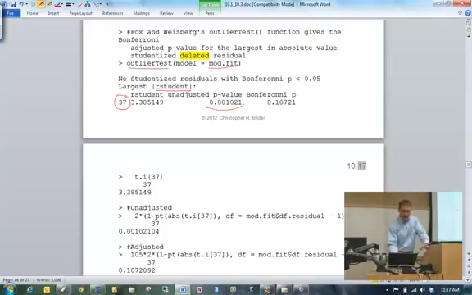And it gives what's first of all called an unadjusted p-value. What does that mean? Well, remember we have a particular range that we would expect these studentized deleted values to fall within.